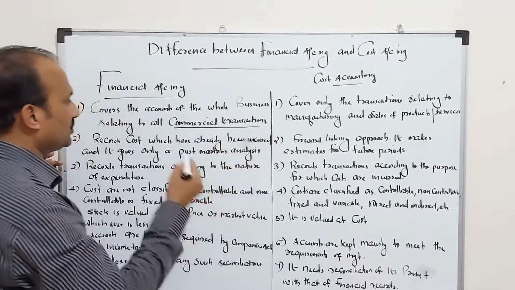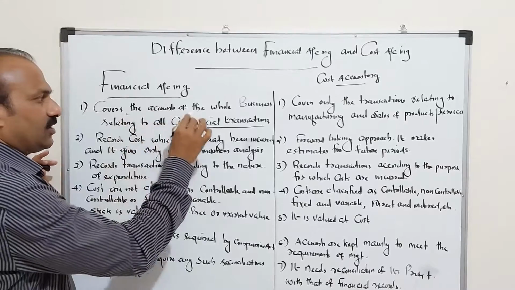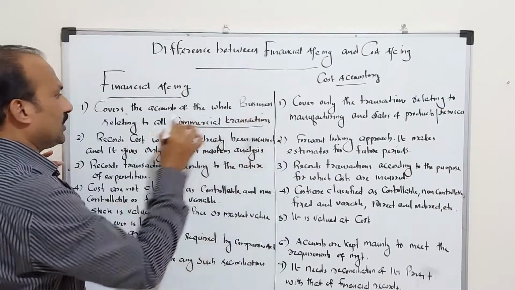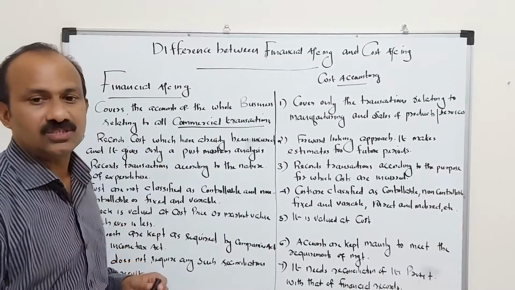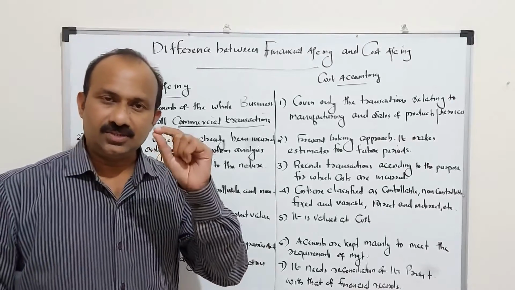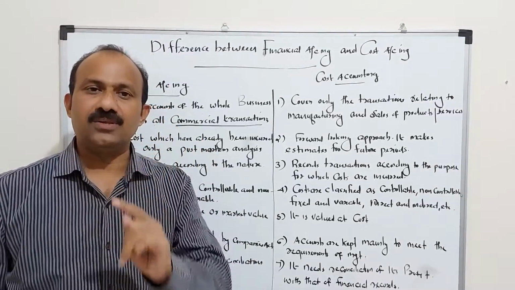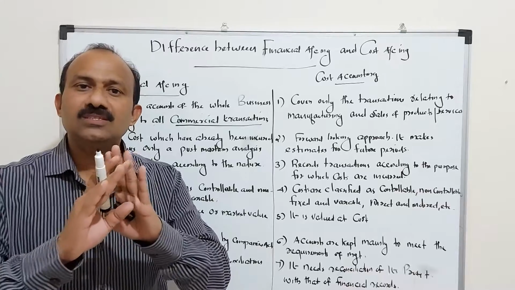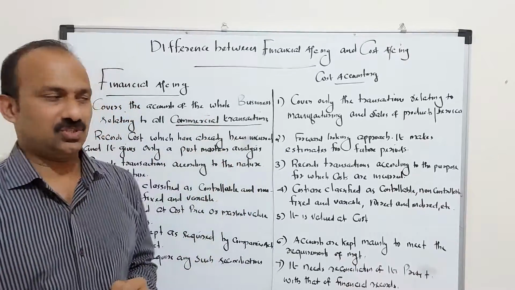Look, the first difference: it covers the accounts of the whole business relating to all commercial transactions. Financial accounting is related with the commercial nature of transactions.